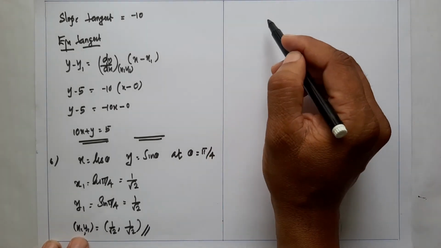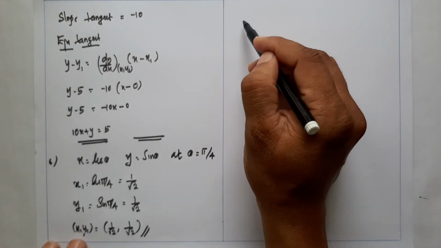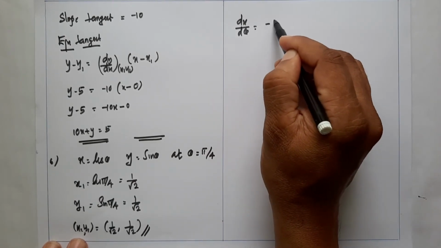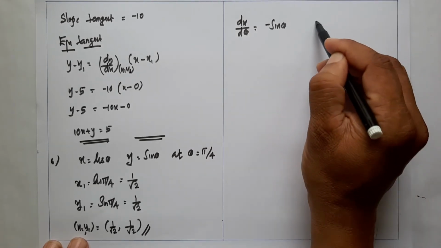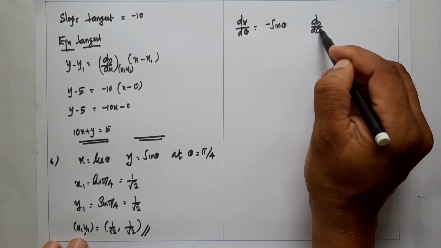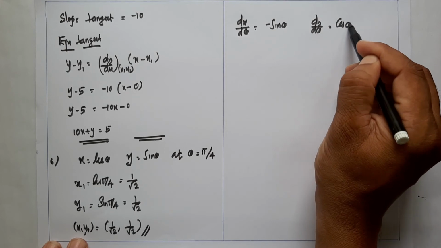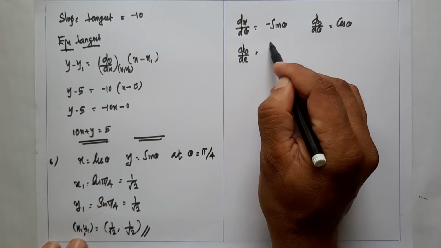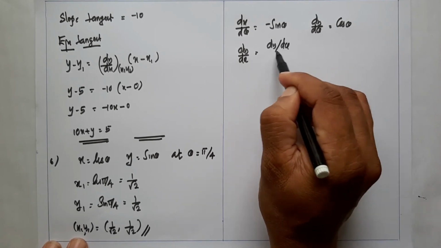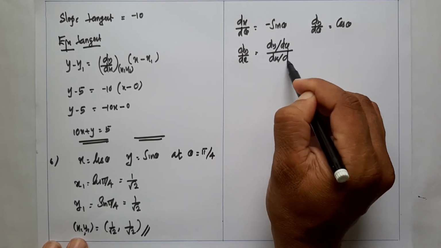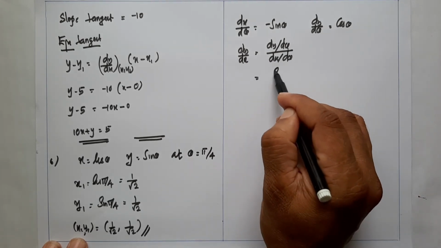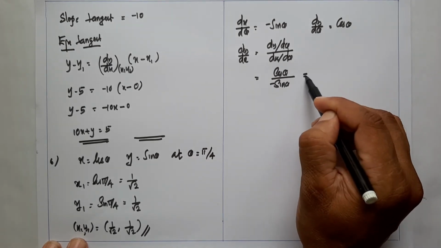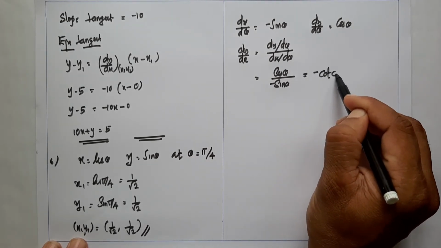Now we find slope of the tangent. Before finding dy by dx, first of all we find dx by d theta. You know the derivative of cos theta is minus sin theta. Dy by d theta, sin theta derivative is cos theta, and therefore dy by dx is equal to dy by d theta divided by dx by d theta, which is cos theta divided by minus sin theta, equal to minus cot theta.